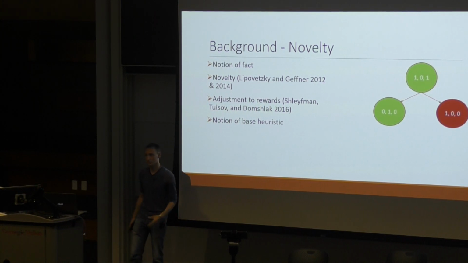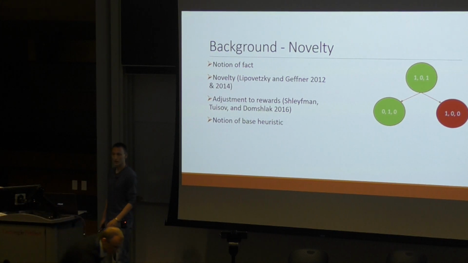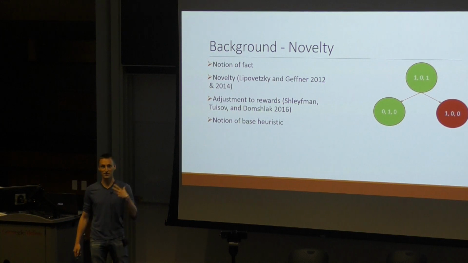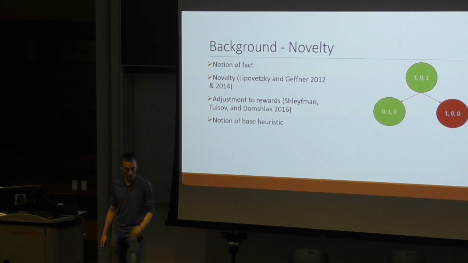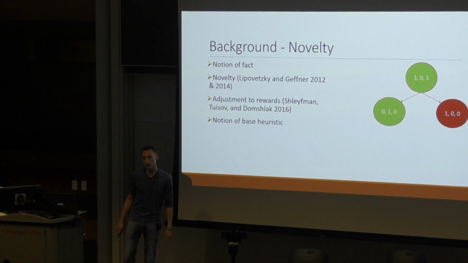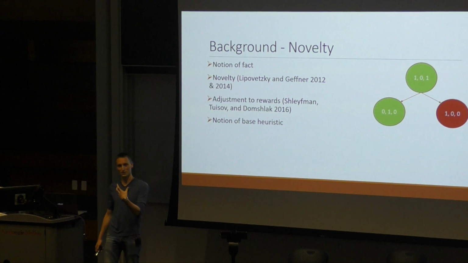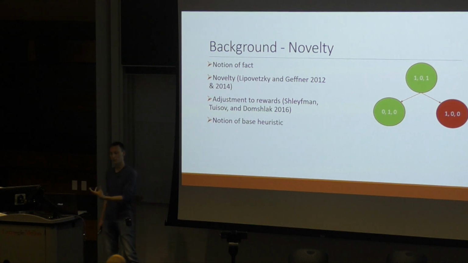And you observe, while you're searching, some states, and you observe some facts in those states. And so, I'm simplifying here, of course, but if you observe some state that all the facts have been previously observed, you deem this state non-novel, and you prune it from the search.